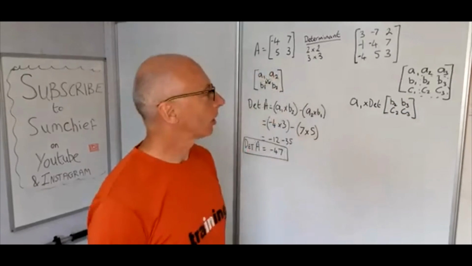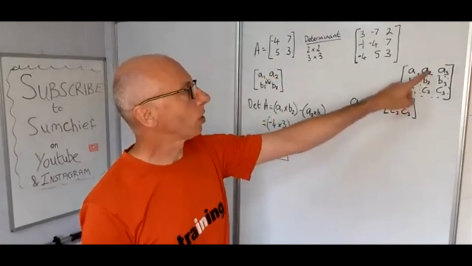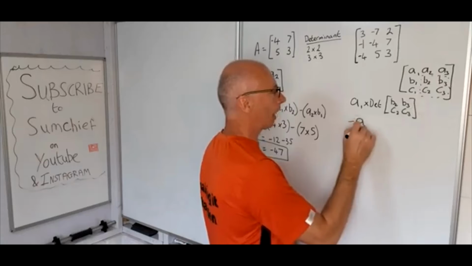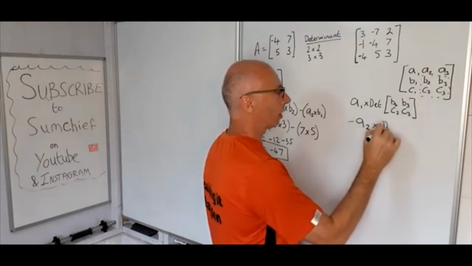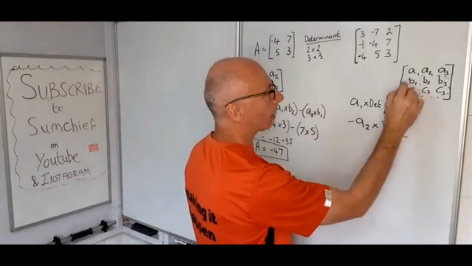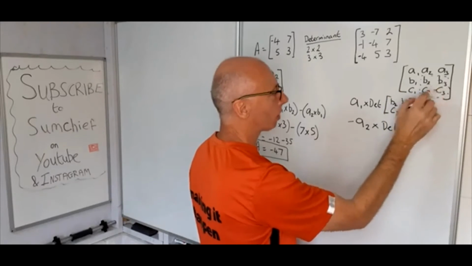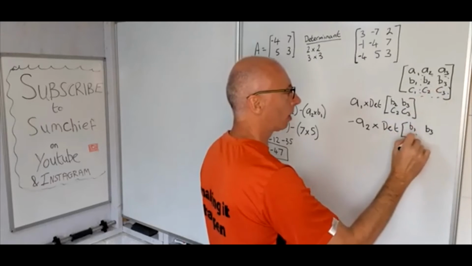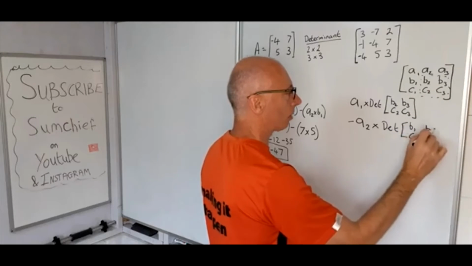So that's our first part, and then we go for A2. So then what we do now, we subtract A2 times the determinant, and now we miss this line here, and we go B1, C1 and B3, C3. So B1, B3, C1, C3.